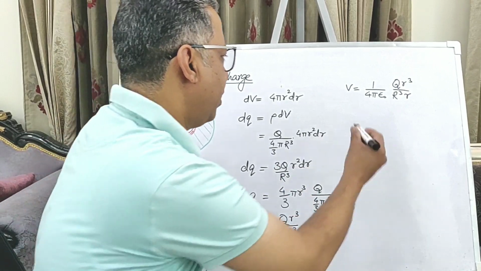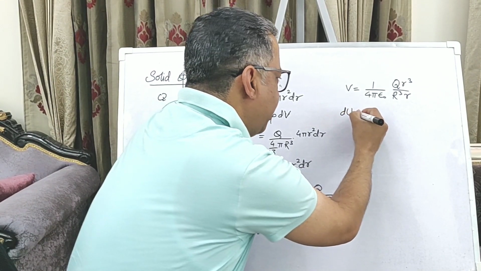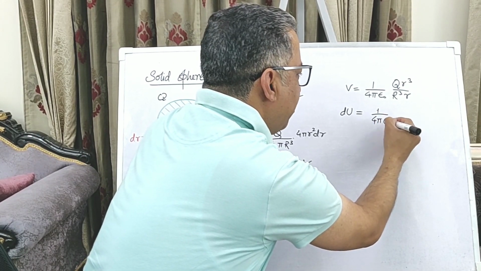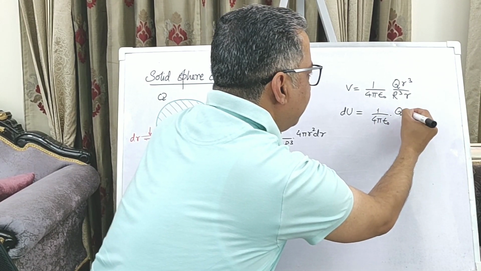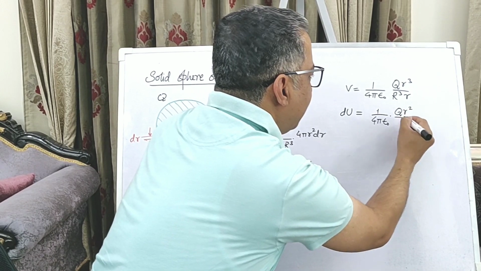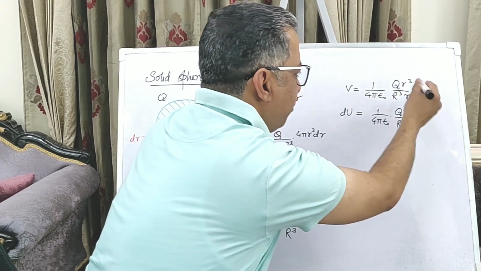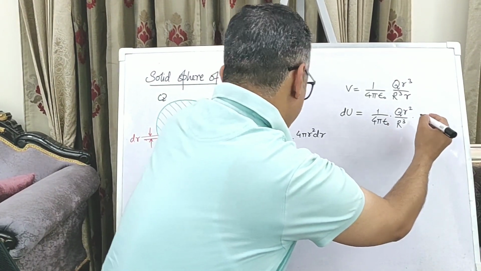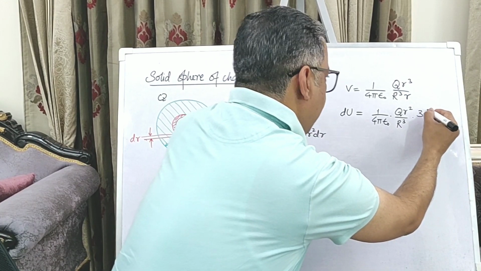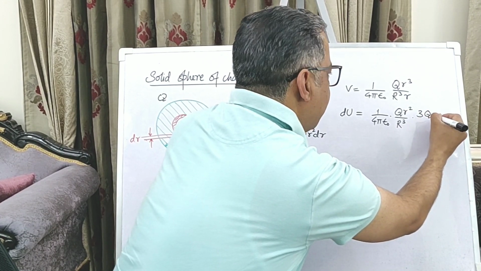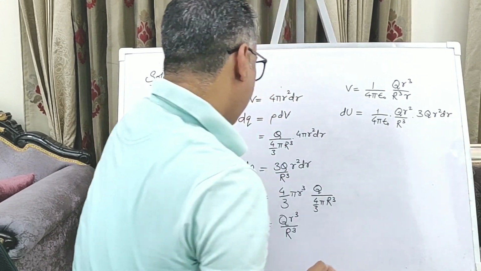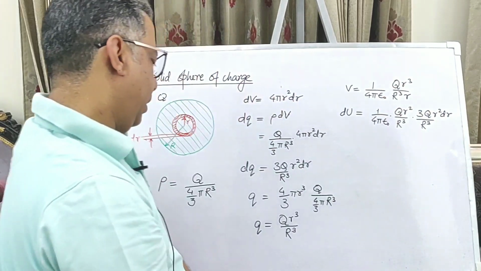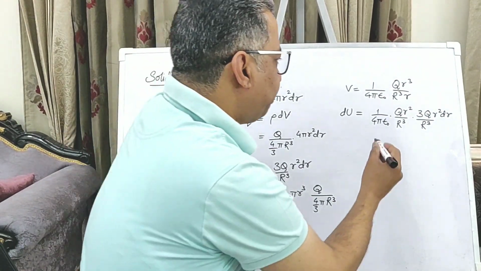So the change in potential energy will be 1 by 4 pi epsilon naught Q r square by R cube, this potential, times dq, which is 3Q r square dr by capital R cube again. So this is dU.